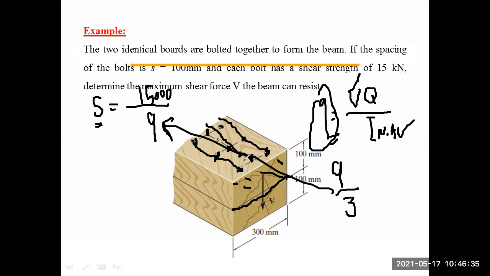Okay? So as many rows as you have, you divide by that number. If you have 4 rows, you need to divide the Q over 4. If you have 6, you divide it over 6. Okay?